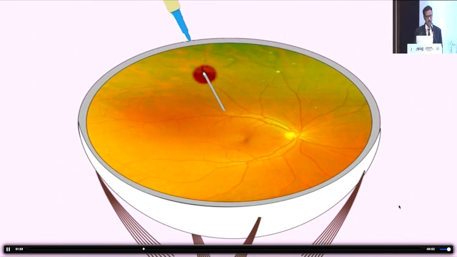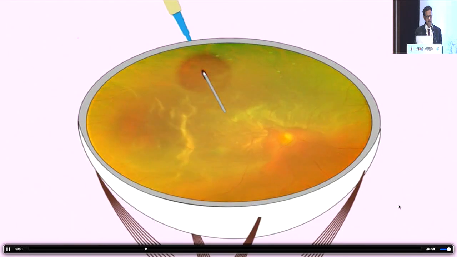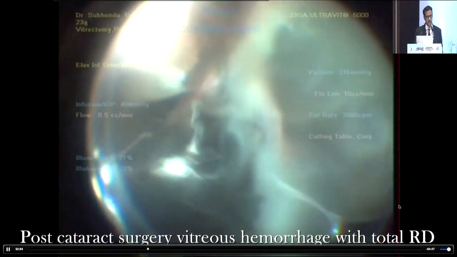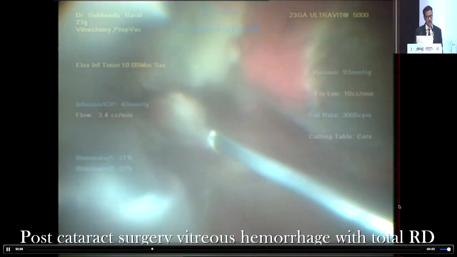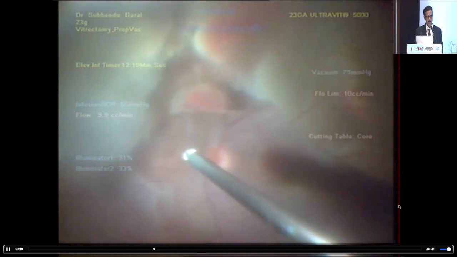Globe perforation can lead to retinal detachment, like in this case associated with dense vitreous hemorrhage. Retinal detachment severely complicated the scenario.